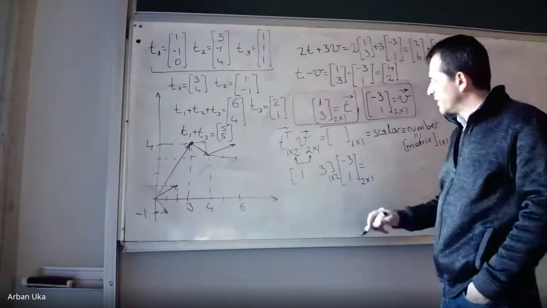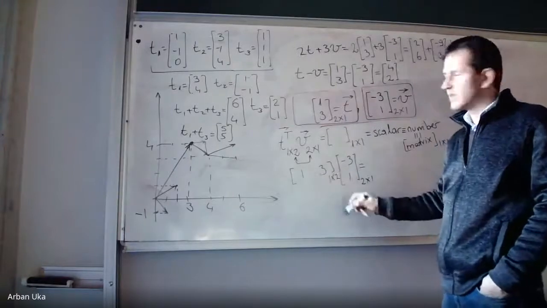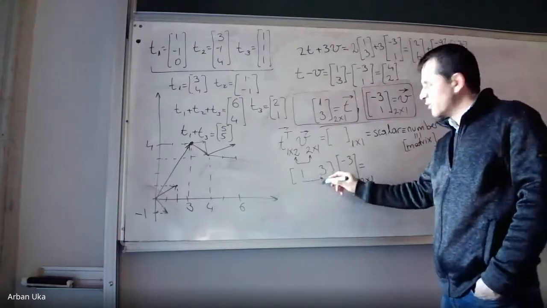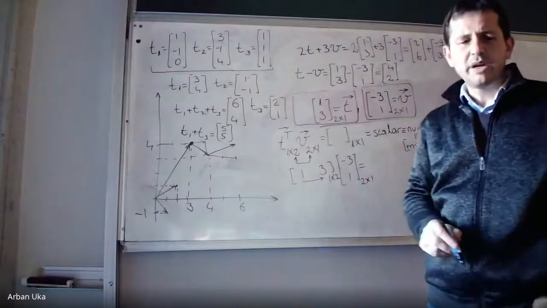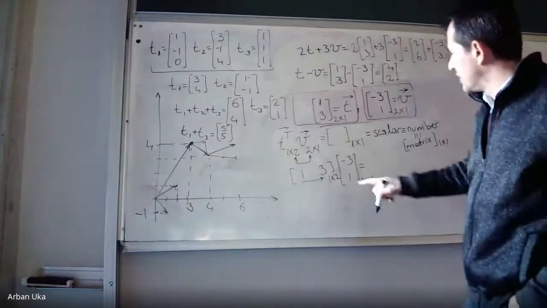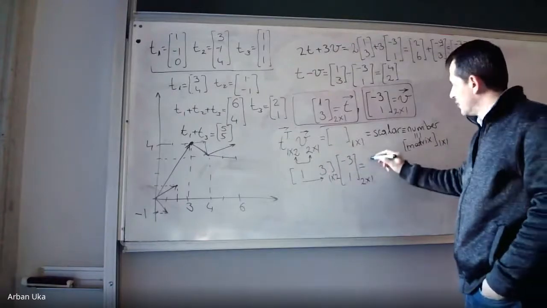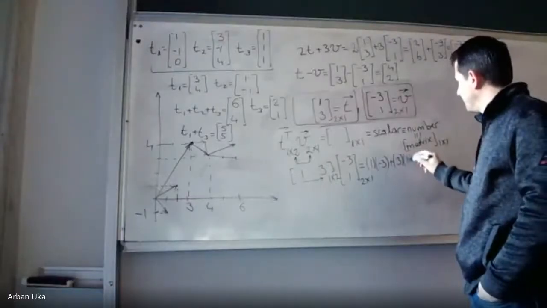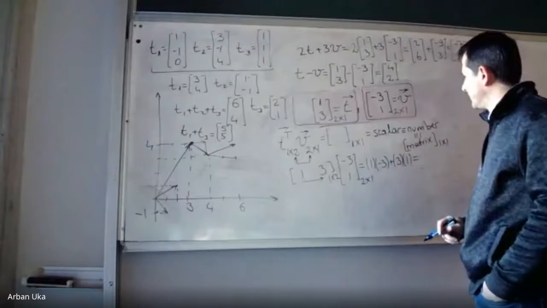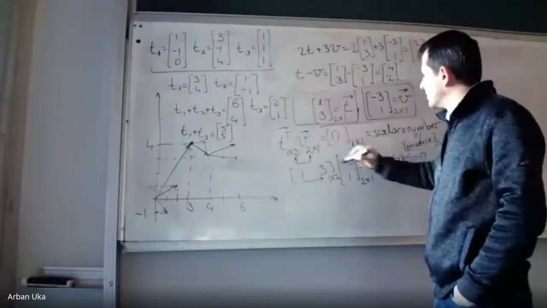And how do we multiply two matrices like this? We do element-wise pair multiplication. So we multiply this row with this column. So what do we get then? 0. We write this 0.